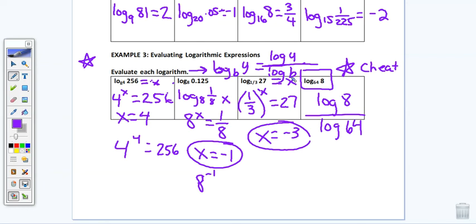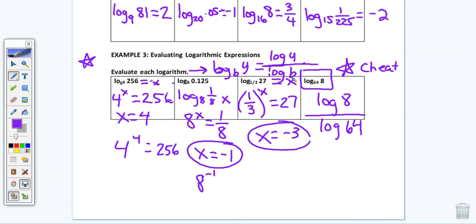Okay with that? Now a lot of this is going to get set up in your calculator in the next section, but that would be the shortcut. So the log base b of y, when I have to evaluate these, log base 4 of 256, just do it real quickly. We would do log of what, kids? First, log 256 divided by log of what? 4.